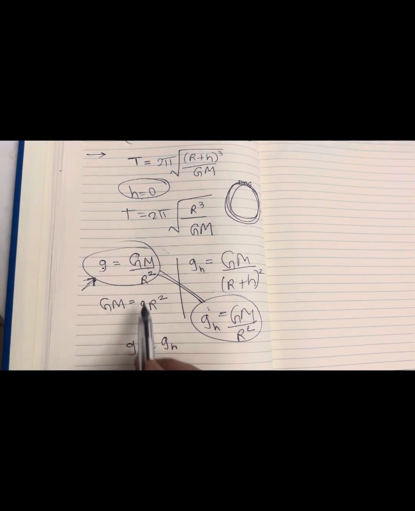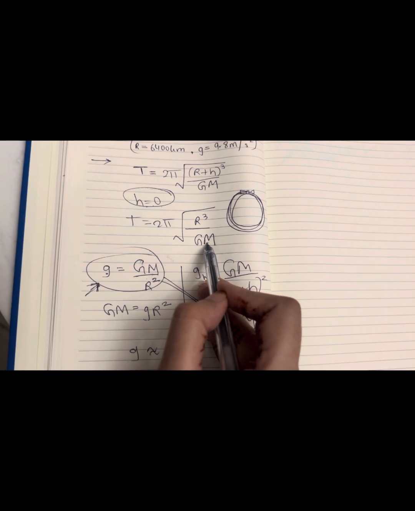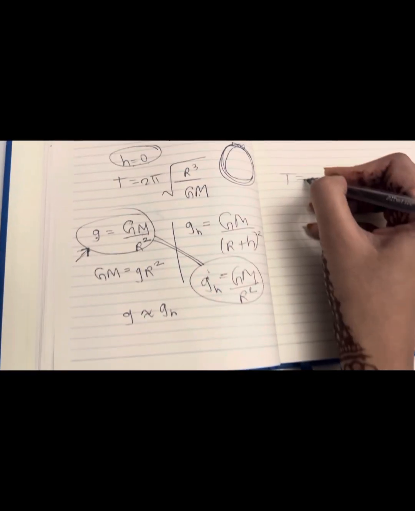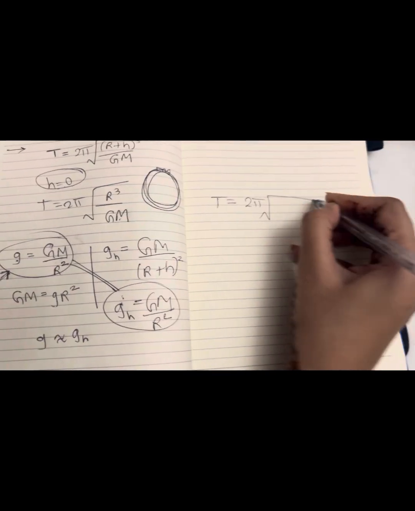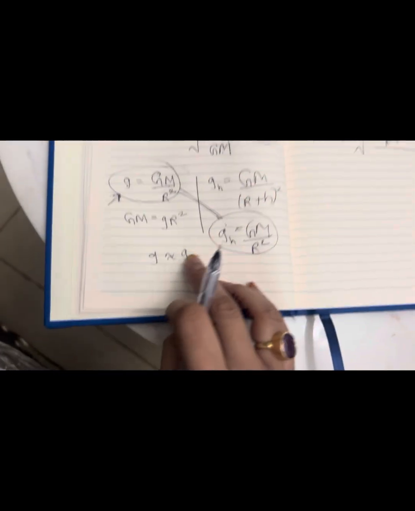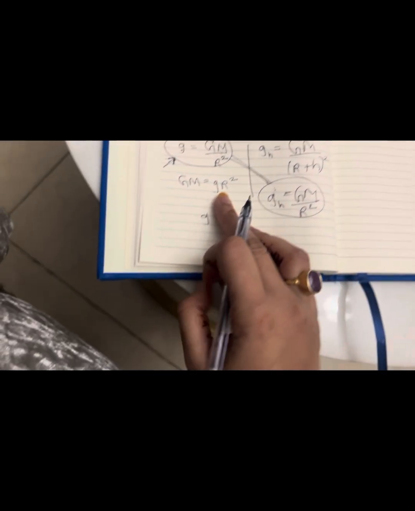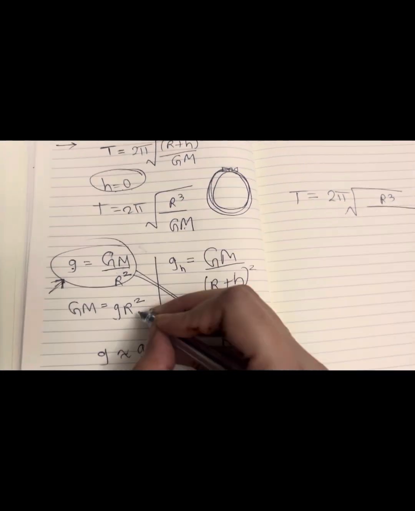GM will be equal to g r square. Now we will substitute the value of GM. T is equal to 2π times the square root of r cube, and instead of GM, I'll write g r square.